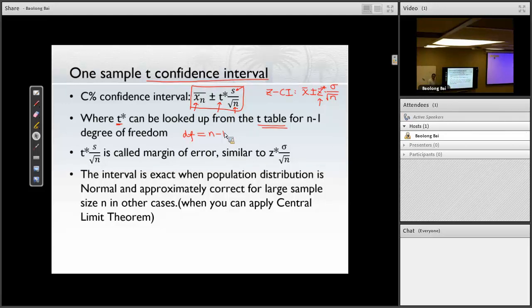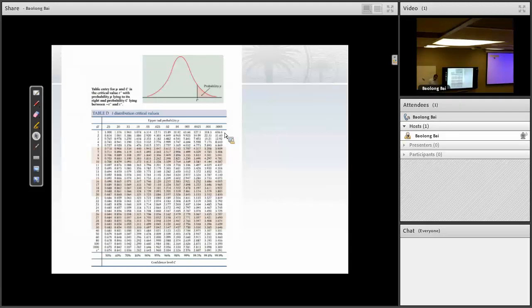Now let's look at how we look up on the T table. If you have your T table on hand, the T table will give you degree of freedom on the first column from 1, 2, 3, 4, 5 up to Z star, which just indicates degree of freedom because it's infinitely large. And the T table is designed just for the use of t-inference, either confidence interval or hypothesis test. It doesn't give us as much detailed information as the Z table.